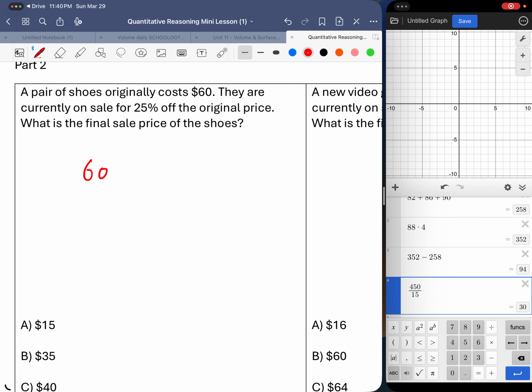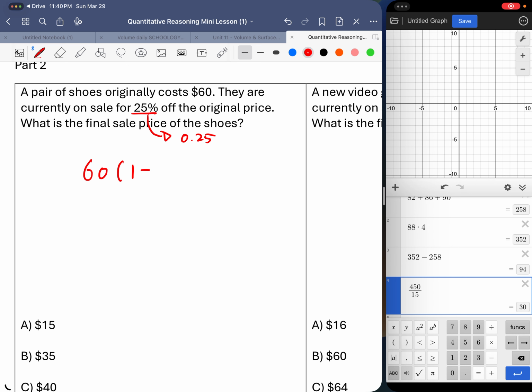But now 25% is 0.25. And basically we are not gaining, we're losing, right? So we always start from the 1. If you're gaining, we do plus. If you're losing, we do minus. This one is a sale price, right?